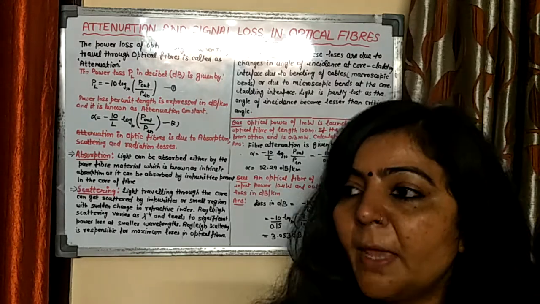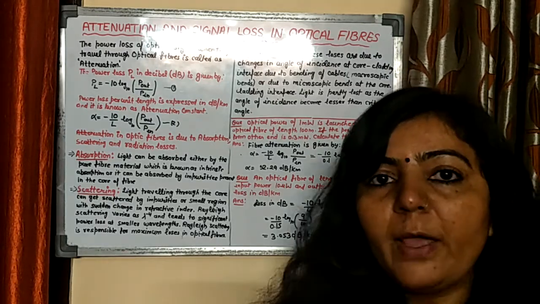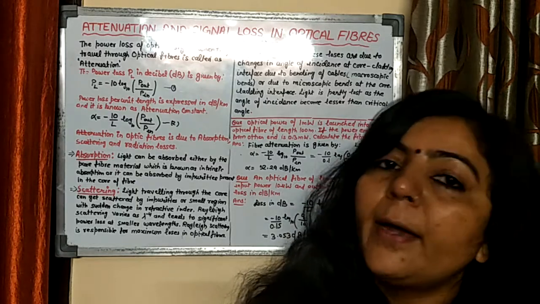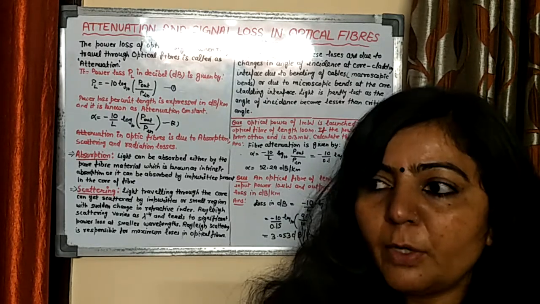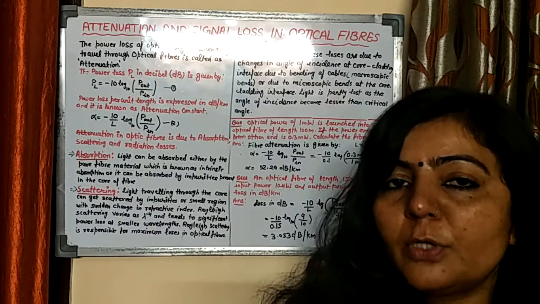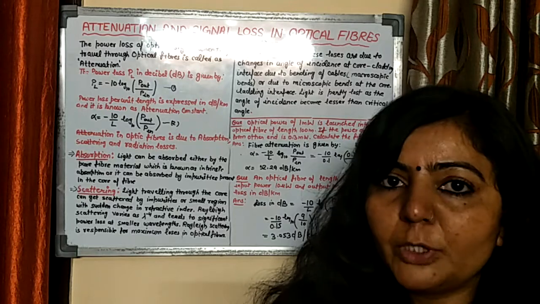As I have told you, in case of multi-mode step index optical fibers, the different modes were reaching the receiving end at different times. So there was a dispersion of the signal, and that dispersion is known as modal dispersion.